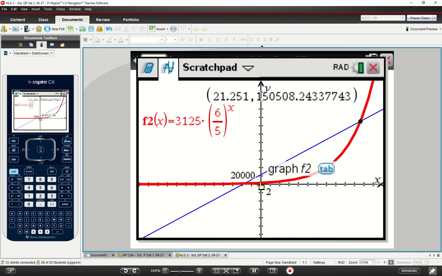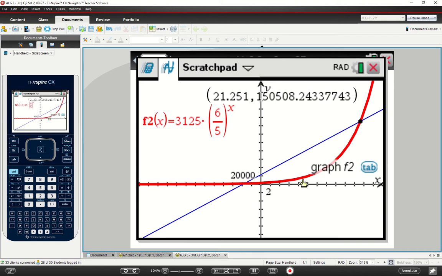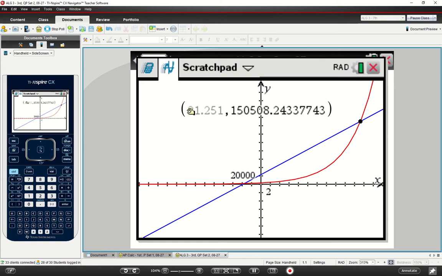The geometric is going up slowly here, right? But once it gets to some number over here, it starts going up super fast. And then the red line does overtake the blue line. So it does make it faster than this at a certain point, and my point is going to be 21.25, right?